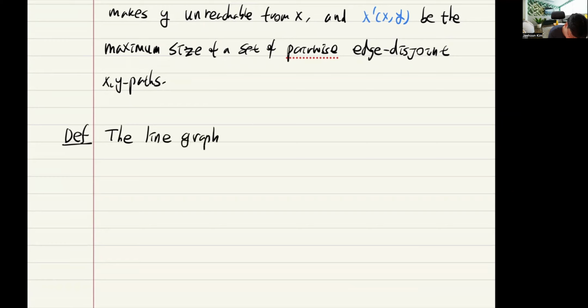We define something called the line graph, which is the graph where every vertex corresponds to an edge in the original graph.